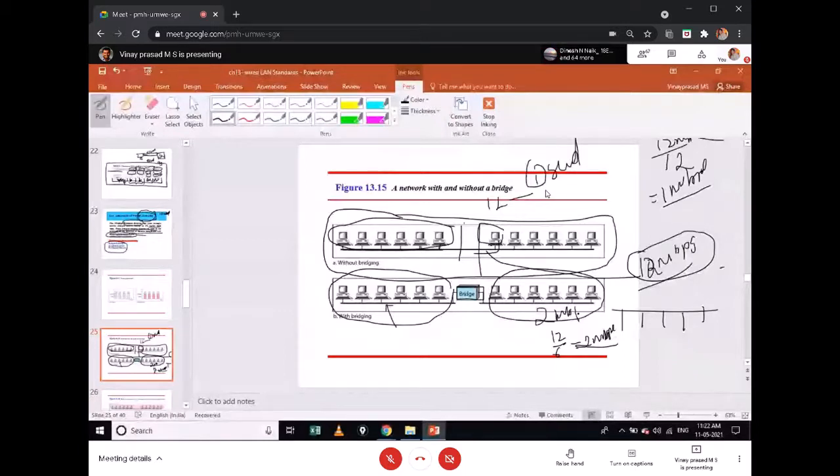Either they should share that bandwidth with alternate time slots, or if both of them are transmitting at the same time, the 10 Mbps bandwidth will be reduced, and each station gets 5 Mbps. This is the sharing of bandwidth, right? See here, after you segmented, what we were seeing is that there will be a rise in bandwidth, right? After one segment, each station would get 2 Mbps.